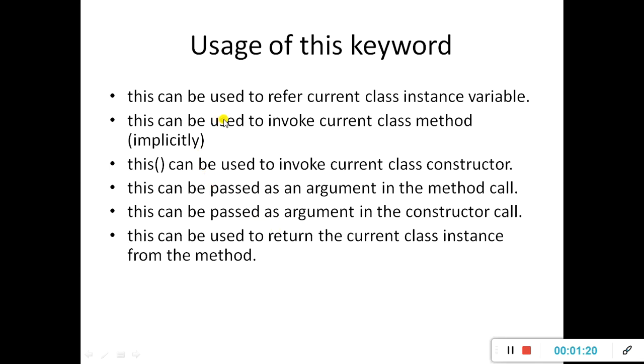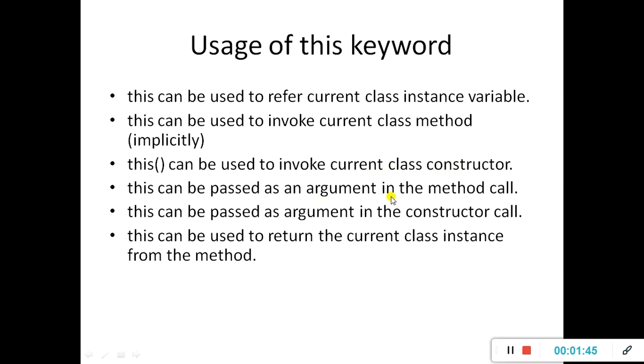Now this keyword can be used in various conditions. So we are just going to see few of them, not all, because it will go outside the scope of your syllabus. So this can be used to refer current class instance variable. It can be used to invoke current class method. It can be used to invoke current class constructor.